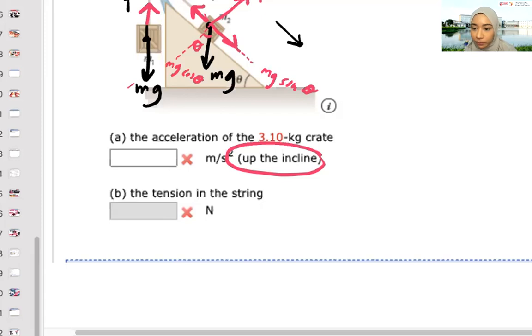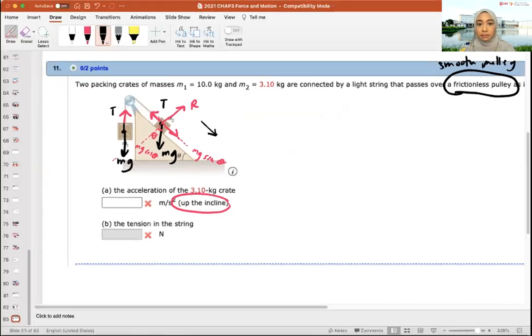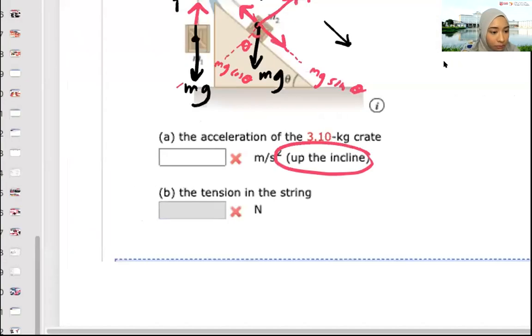Chapter 3. View. Chapter 3, soalan nombor 11. Soalan nombor 11.